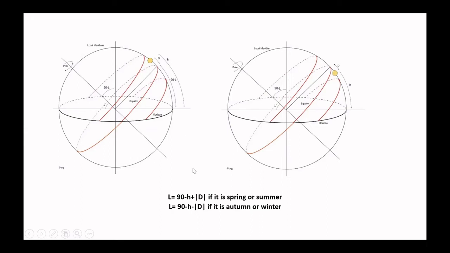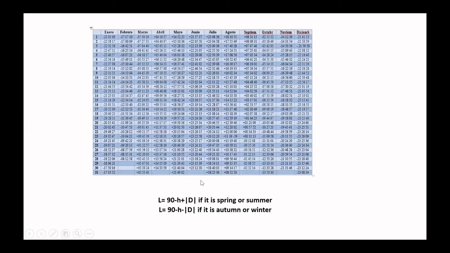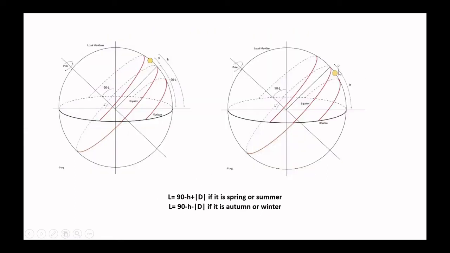In this case, we have to add, and in the other case, when you are between the equator and the winter solstice in any place in the world, you have to consider that the latitude is the declination plus the colatitude, sorry, the declination plus the altitude, okay?